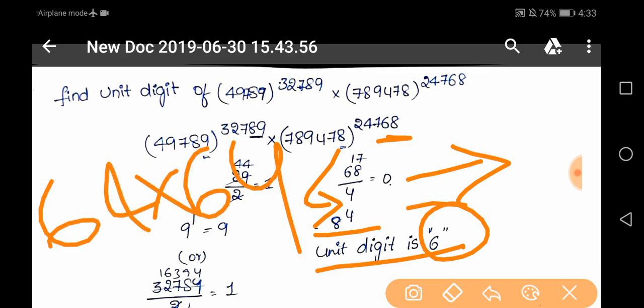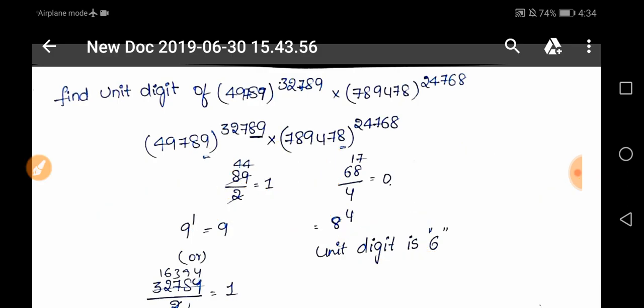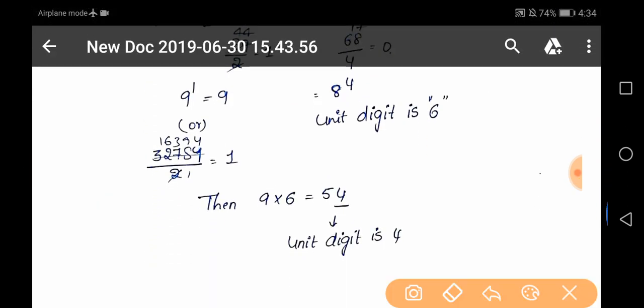When we multiply, then we get the last digit as 6. So this is how, when we get a 0, you have to take the cyclicity of that number as a power. So 9 into 6, that is 54. They asked you the unit digit. Unit digit is 4. That's all. This is how you'll solve this type of problems.